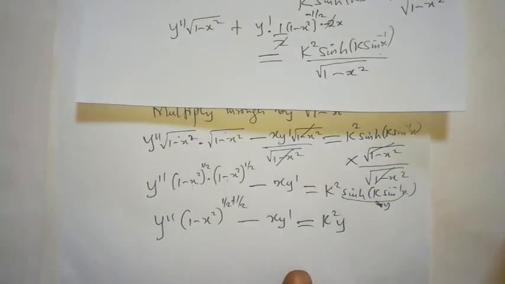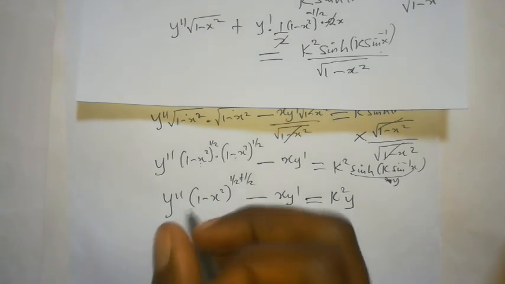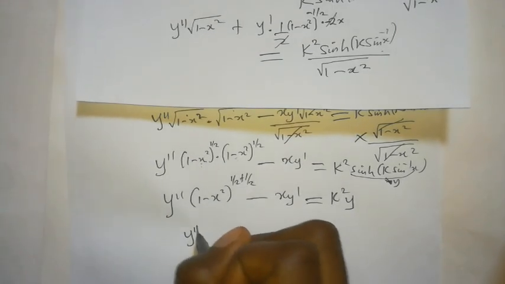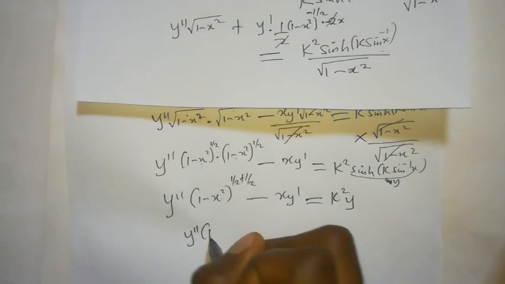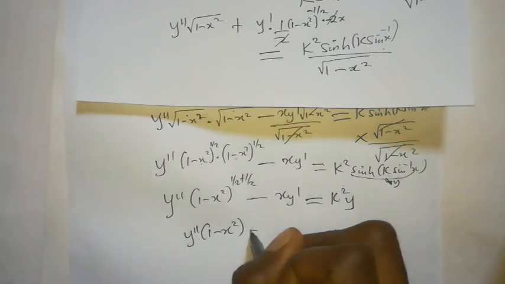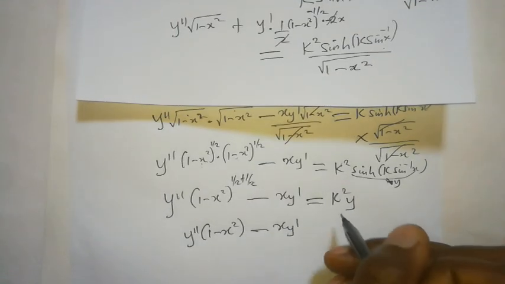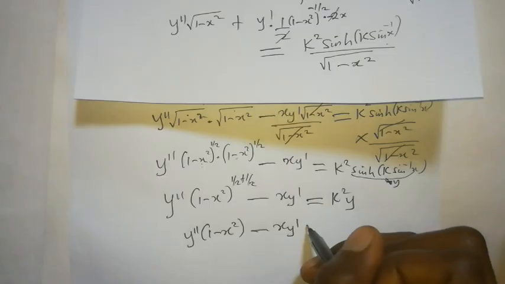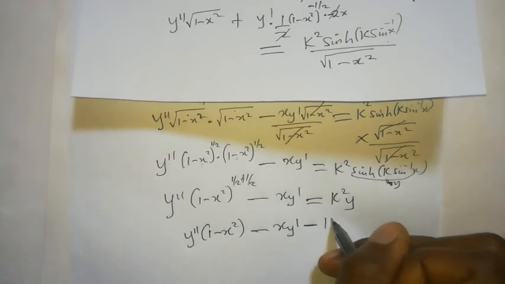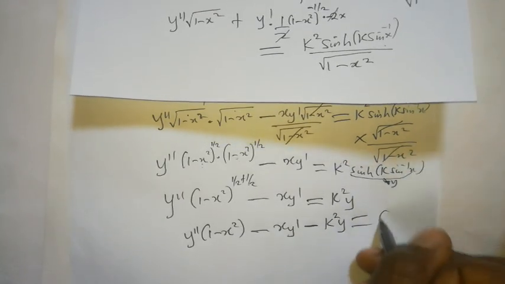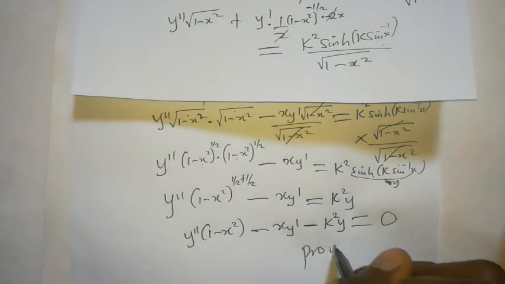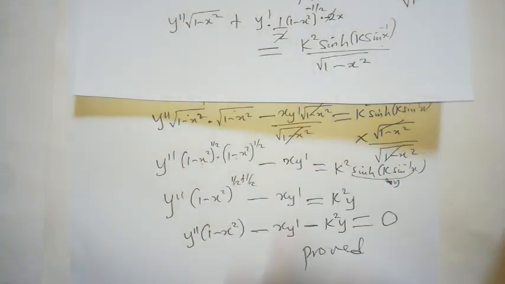So in that case, half plus half is going to give us 1, so y prime prime, 1 minus x squared minus x y prime, this is positive, if it comes here we have minus k squared y is equal to 0. So we've proved what they say we should do.